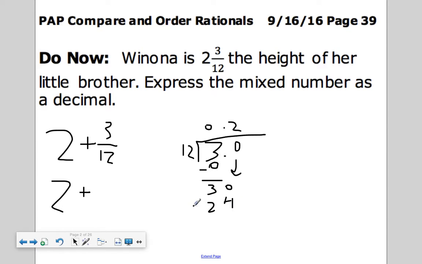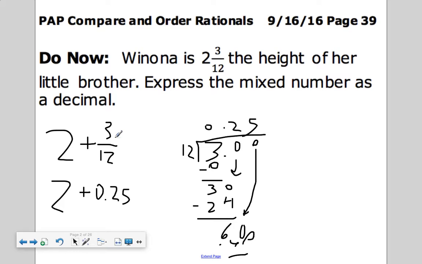So 30 minus 24 is 6. Add another 0. I bring it down. How many groups of 12 go into 60? So 25 hundredths is equivalent to the fraction 3/12.